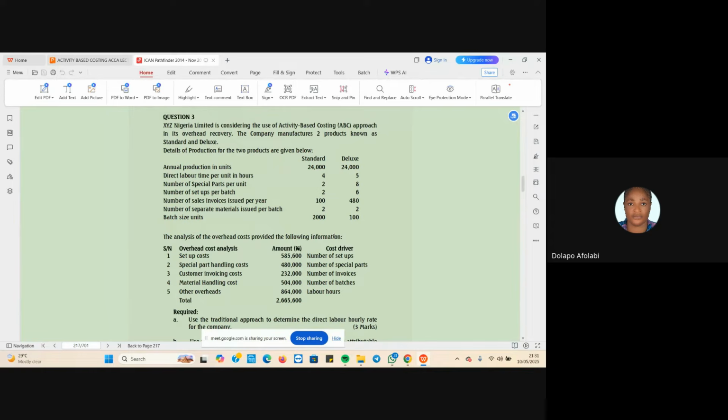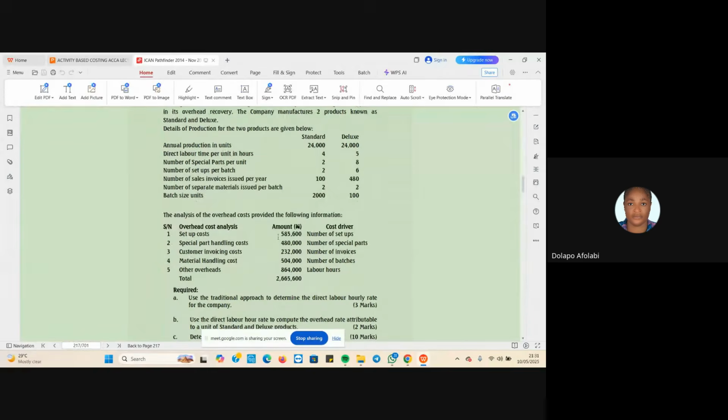Number 4, material handling costs, 5,000. Cost driver, number of packets. Number 5, 854,000. Cost driver, labor hour. The total overhead is 2,655,600 naira.